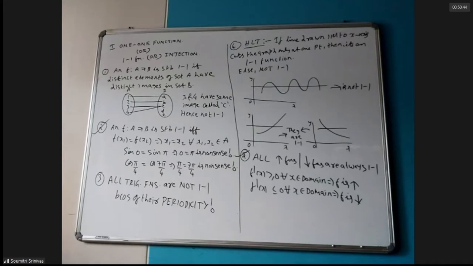Sir, Sunram, bolo. Can a function be one-to-one if x1 is less than x2? What is x1 less than x2? No, sir. The elements in the set A is less than the elements in set B. It can be. Yes, sir.